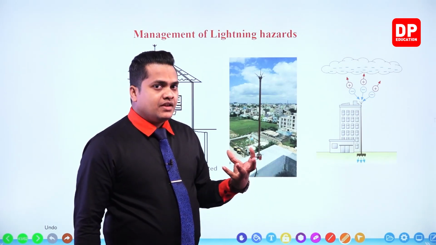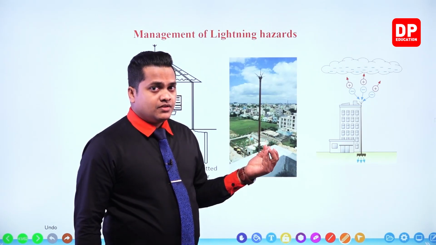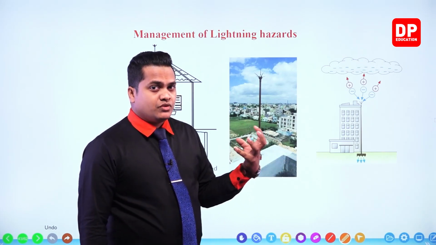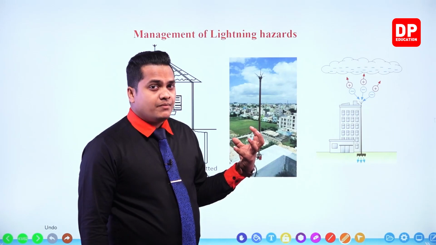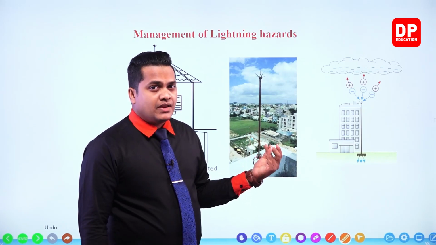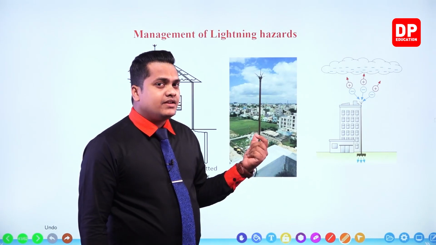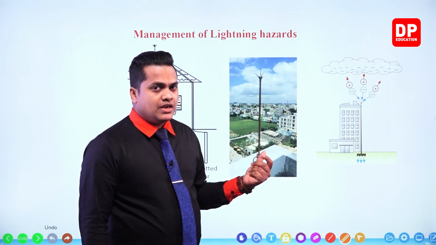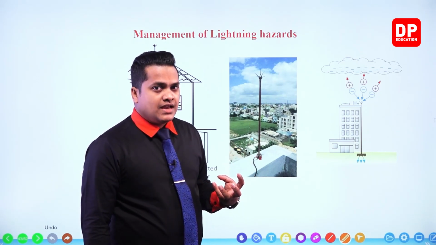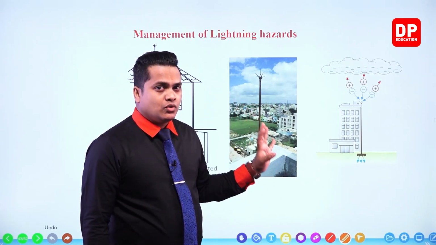However, if houses are built at a certain elevated point, like at the top of a mountain, right, near high elevated places, then in those cases, my dear children, most of the time lightning conductors are fixed. These lightning conductors attract lightning strokes and safely pass them towards the earth.